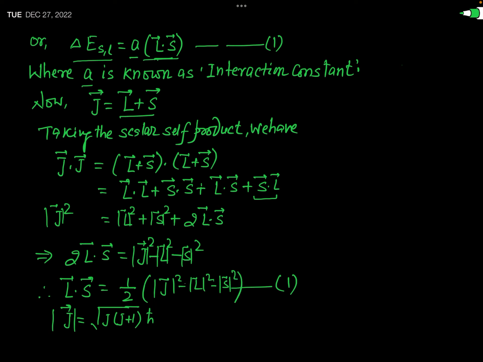Now mod of j, you have studied in the previous lecture, is equal to square root of j into j plus 1 h bar.